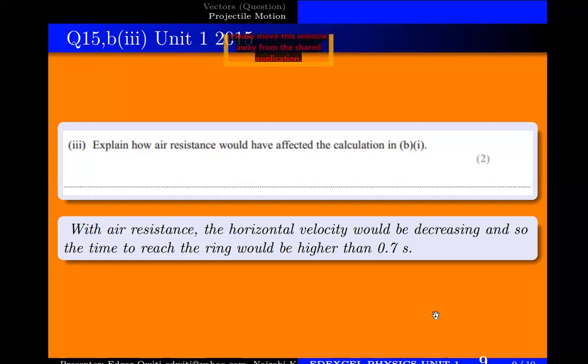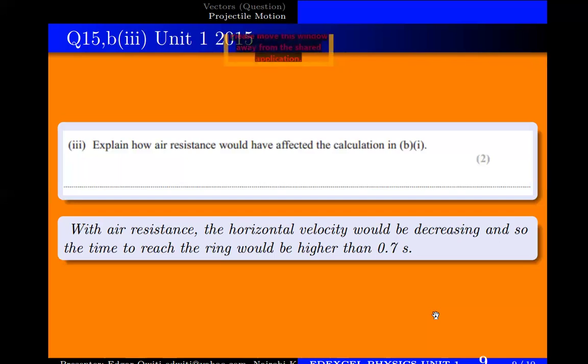So that is based on the assumption that there is no air resistance. But if air resistance is considered, then the horizontal component of the velocity will not remain constant. In actual fact, it will be reducing, it will be less than the value calculated when there is no air resistance.